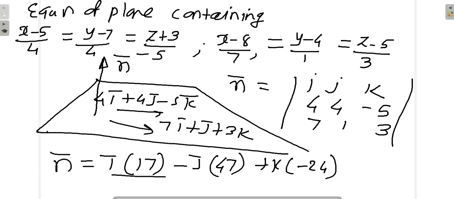So this is the normal vector: 17i minus 47j minus 24k.